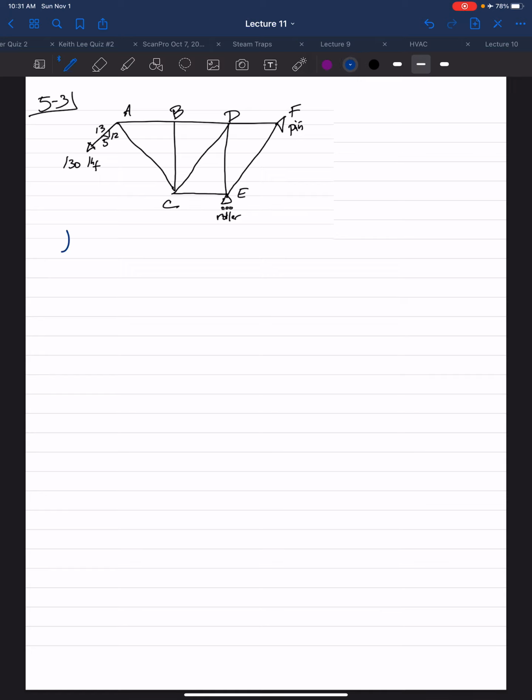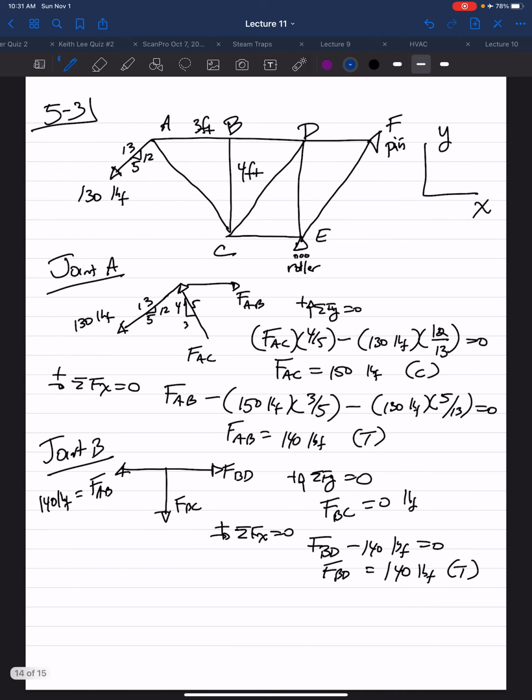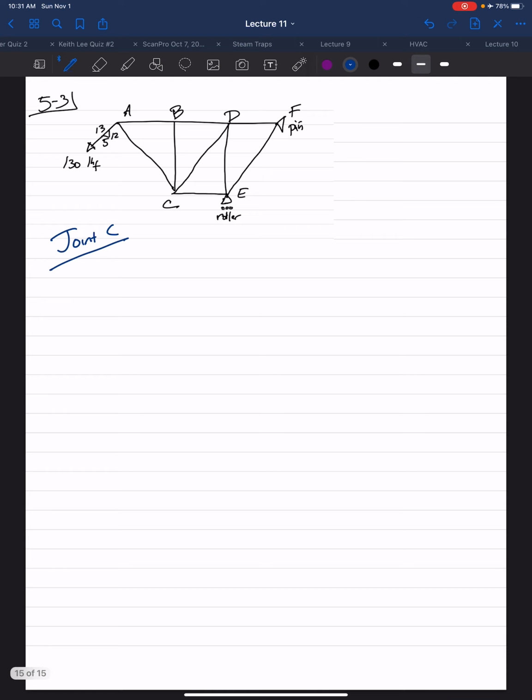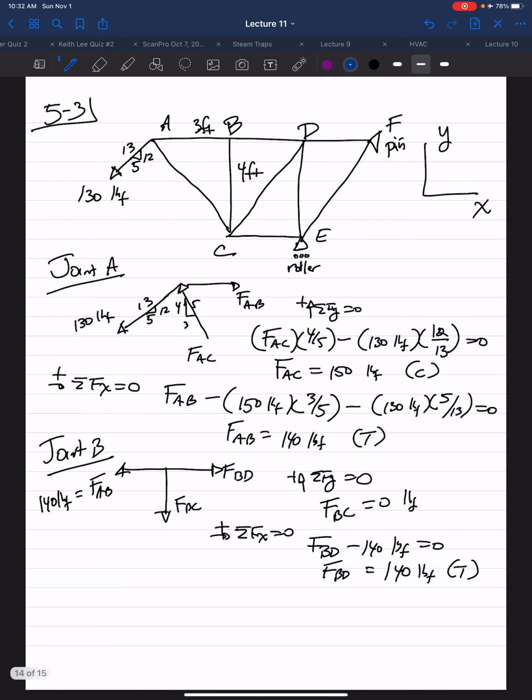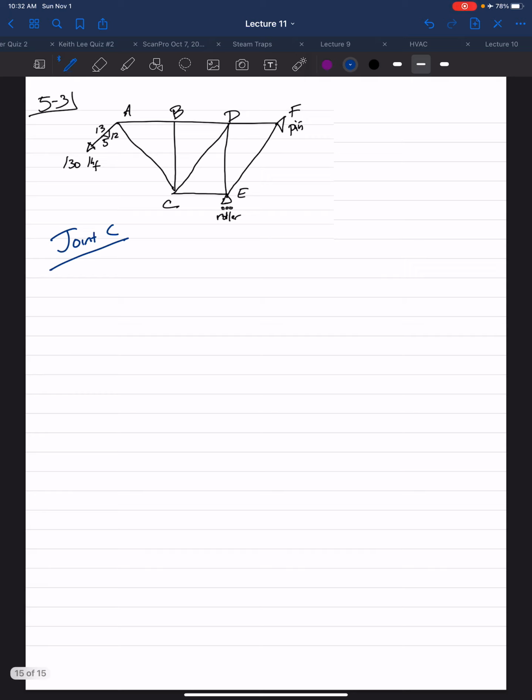So now if we go to joint C, we know FBC now, and we know FAC. So we know FBC, we know FAC. It leaves us two unknowns, which would be FCD and FCE. So two knowns, two unknowns. So joint C, FCD, which we do not know.